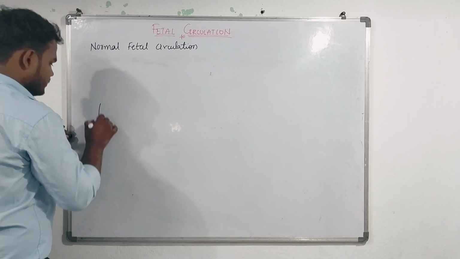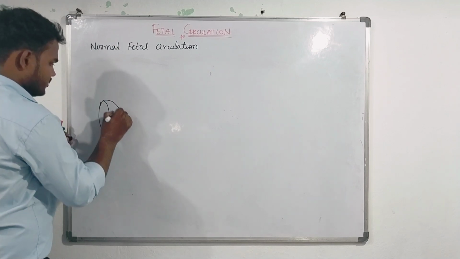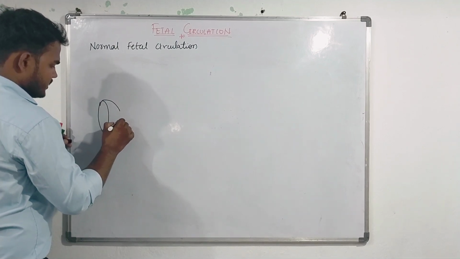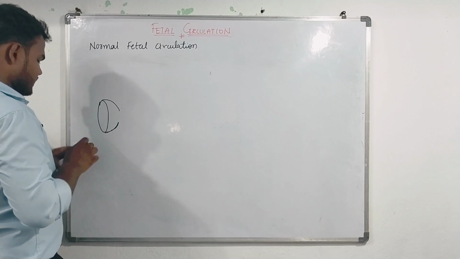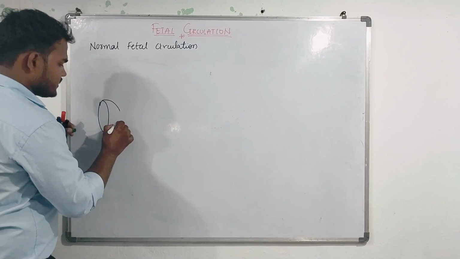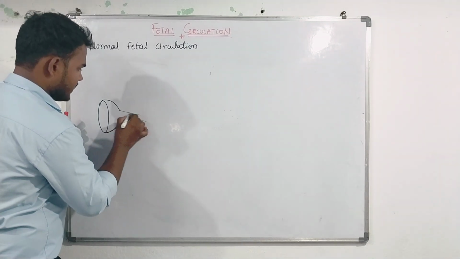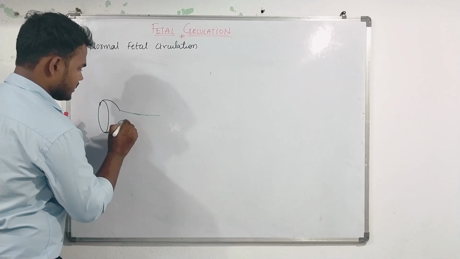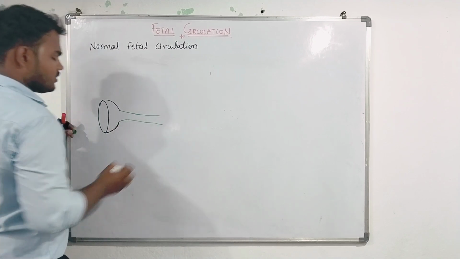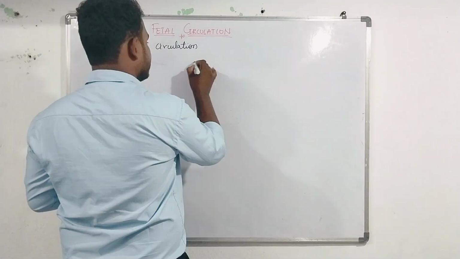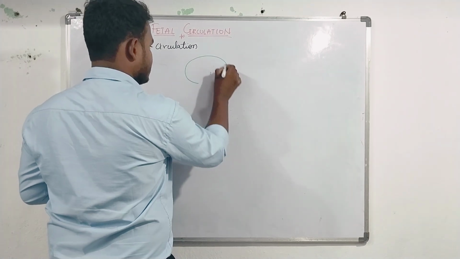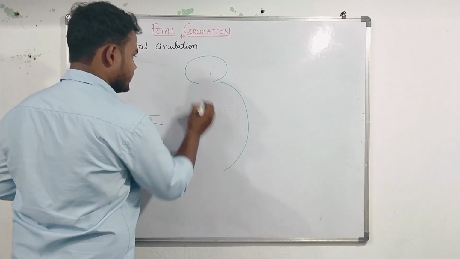Let's suppose here it is your placenta, and this is the umbilical cord. Here it is a fetus.